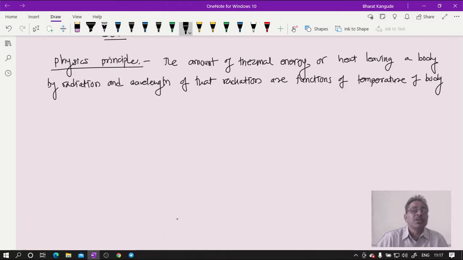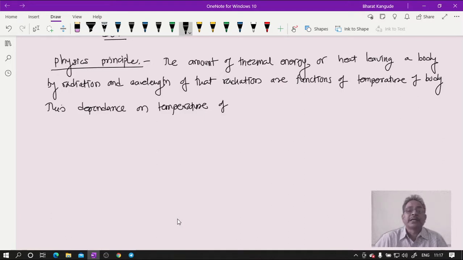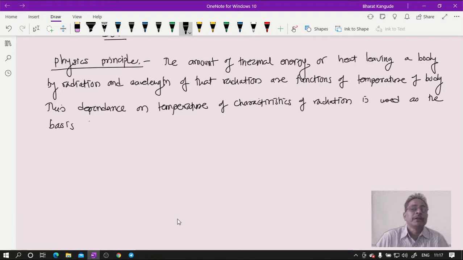So this dependence on temperature of the characteristics of radiation is used as the basis of temperature measurement of these instruments.